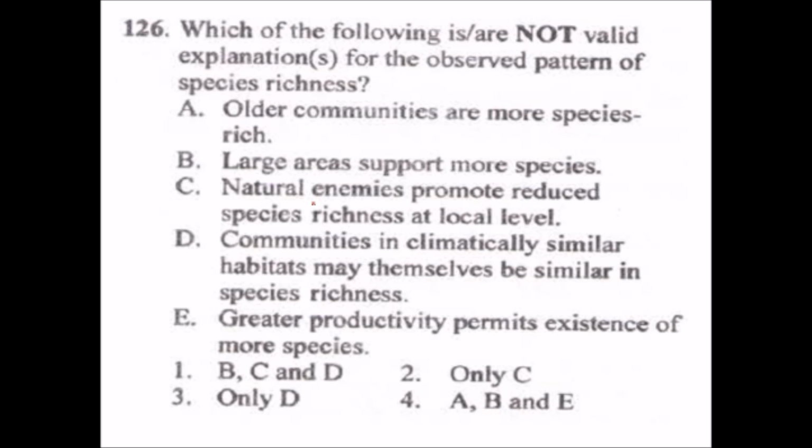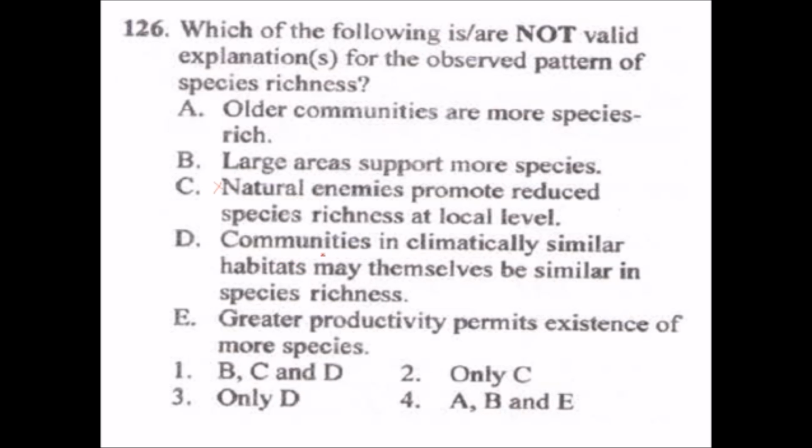So natural enemies are a natural mechanism for the richness of a species, or we can say for adapting to the particular environment, which also favors its distribution in an area. So natural enemies will not promote the reduction in species richness, rather they will balance the richness of species in that particular area. So the statement is wrong here.